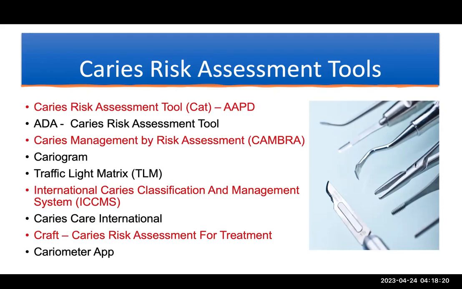The first and foremost and most used caries risk assessment tool is given by the American Academy of Pediatric Dentistry. It is popularly known as CAT. There's a little modification to this by the American Dental Association, which is more generic to adults, which is called the Caries Risk Assessment Tool, or CRA.